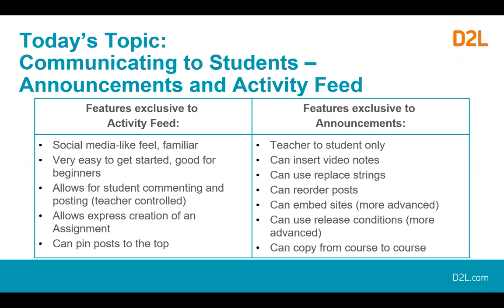Unfortunately, currently there's no functionality to post to multiple courses at one time, although I do agree that would be a very useful feature, and I've heard that from NYC teachers recently and passed that feedback along. So that's potentially a feature we'll see in the future, but not something you can do with Activity Feed or announcements today. Like I said, there is that copy feature, but if you're looking to do it in multiple courses, I would just copy and paste. That'd probably be the fastest way.